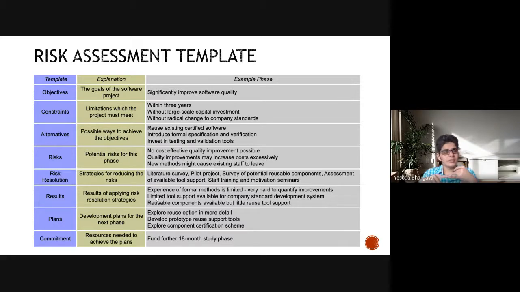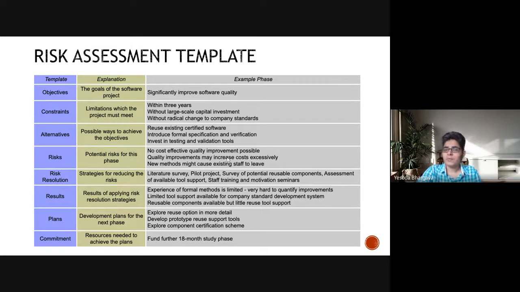Having identified the risks, the constraints, objectives, and the alternatives, now you come to the solution stage. You try to resolve the risks that you have identified. Studying the existing solutions through literature survey could be one way to resolve the risks. You could develop a small project, pilot it, and then see whether or not it resolves the risk.